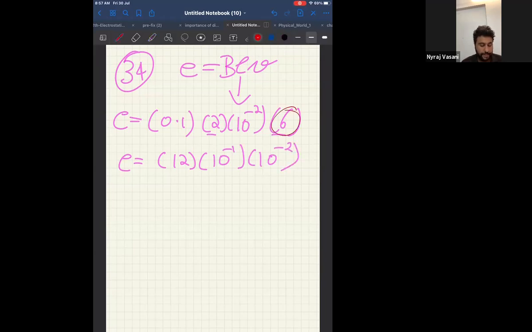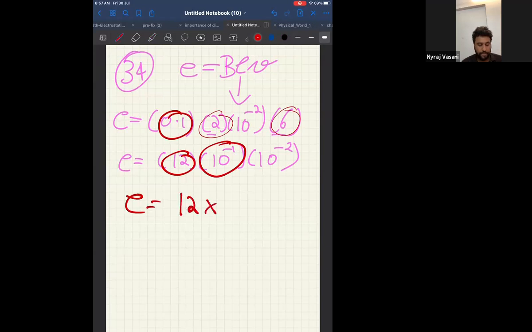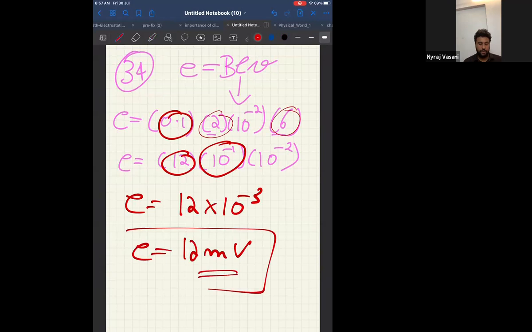I did 6 into 2, which I got as 12. 0.1 I wrote as 10 power minus 1. Therefore, E is equal to 12 into 10 power minus 3, or it is 12 millivolt. Therefore, EMF is equal to 12 millivolt. Getting it, all of you? Clear?